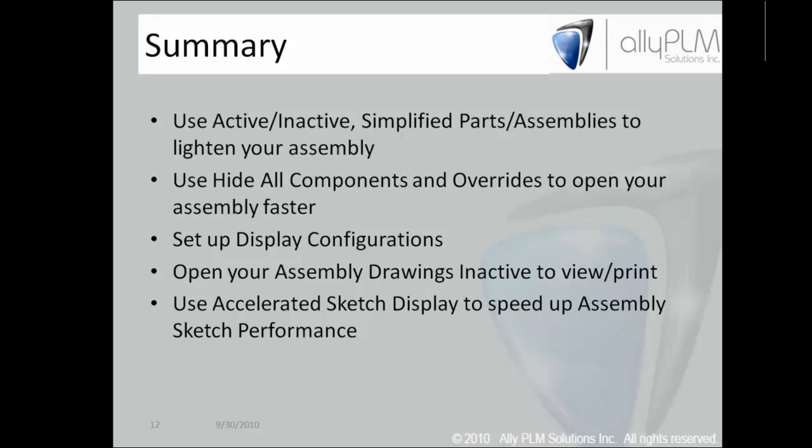We can set up display configurations to help map whether a part is active, inactive, shown, or hidden. We can open your assembly drawings inactive to view and print, and also do some dimensioning on those 2D views. If we need to activate the assembly, there's a tool on the Tools menu to activate it, and it will load the assembly to memory. And finally, with ST2, we have a tool called Accelerated Sketch Display to speed up assembly sketch performance.